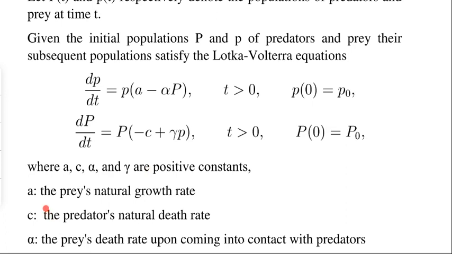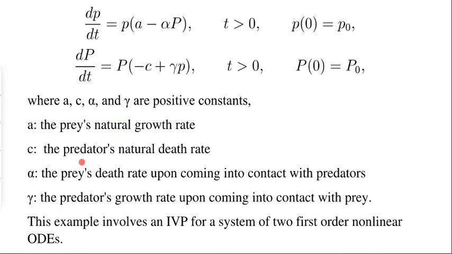A is the prey's natural growth rate. C is the predator's natural death rate. Alpha is the prey's death rate, and gamma is the predator's growth rate.